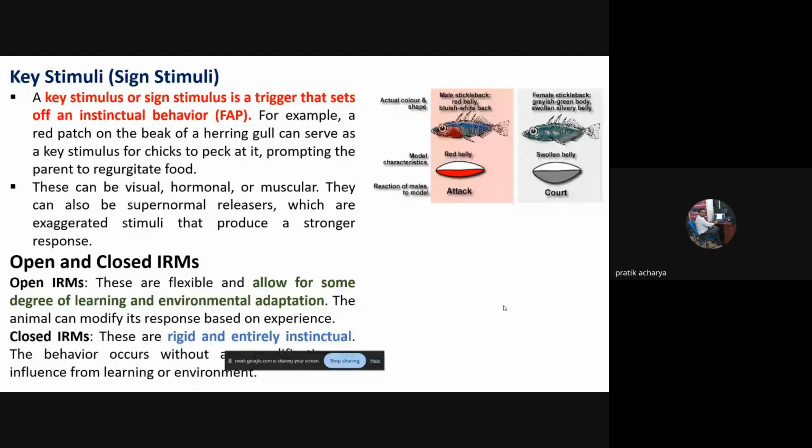If we go back to the previous example, what is the key stimulus or sign stimulus? The dog makes certain signs. Signs means certain body conditions, changing body condition, certain facial expressions, fixed patterns.